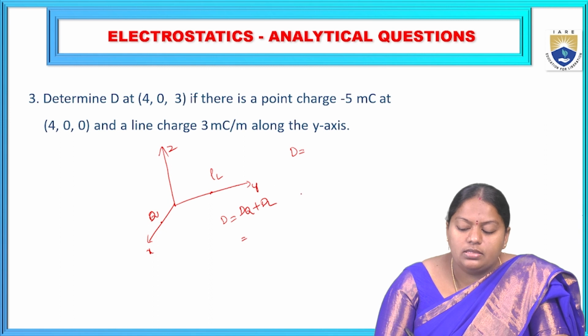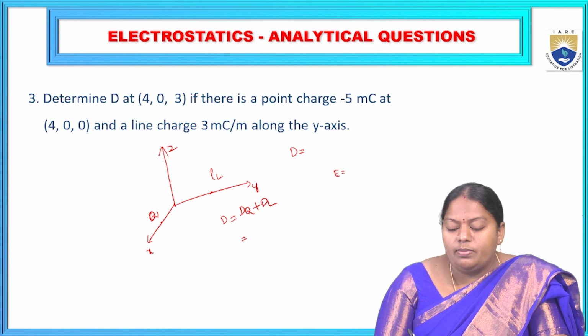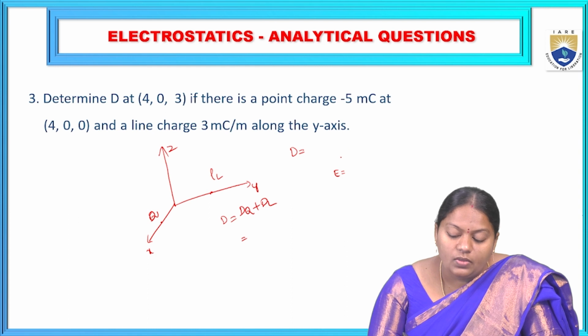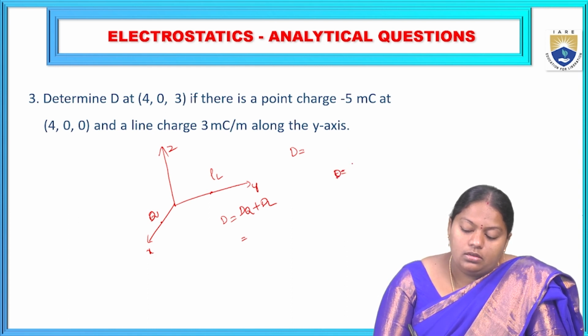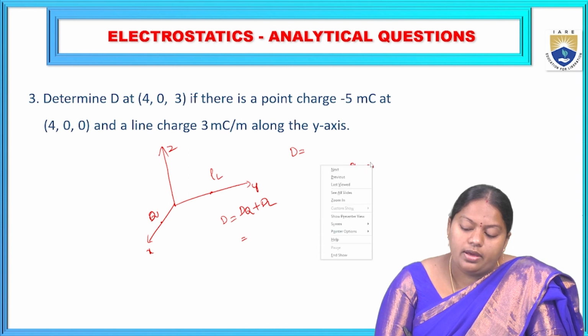D_Q can be written in general as D equal to q by 4 pi r square into AR.